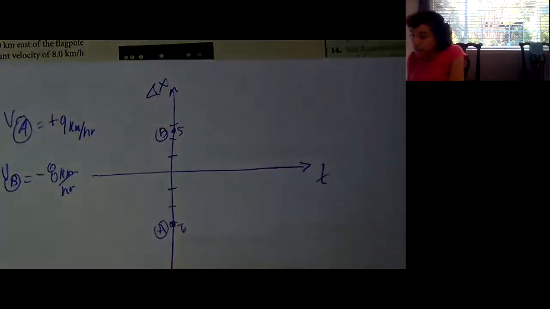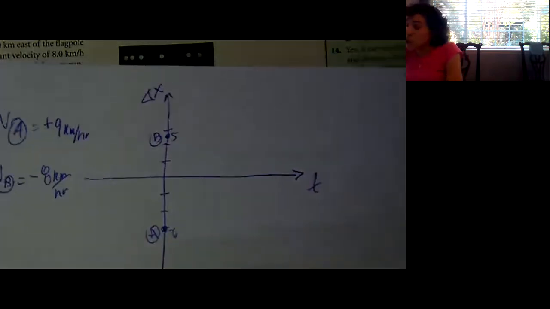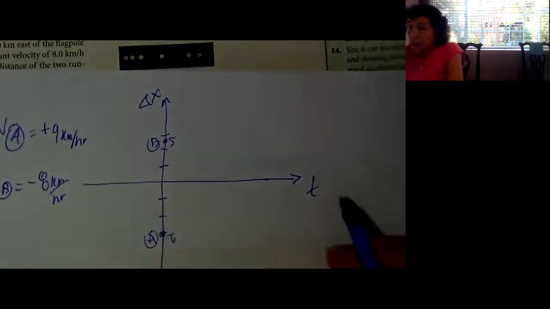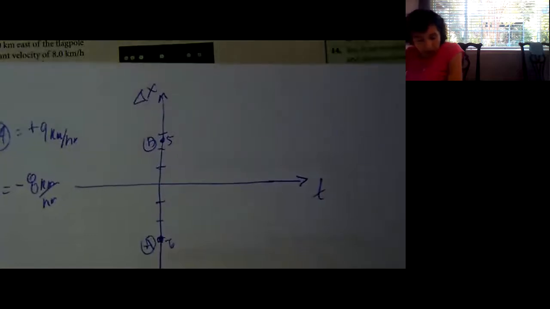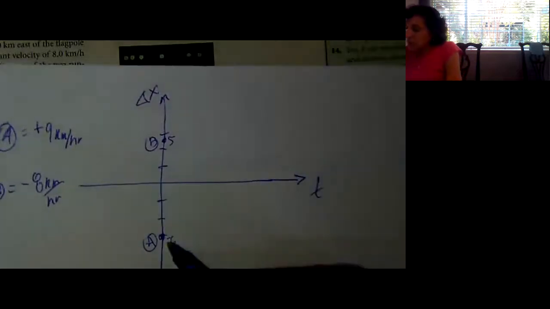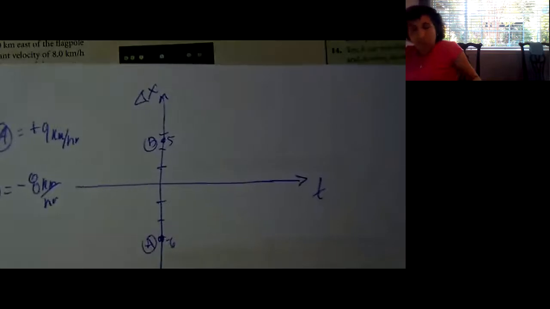All right, now, hopefully you remember that the slope of displacement over time is velocity. That's what the slope means. So if I know that they're going, this guy down here on the left, the one on the left side, let's go back to my beautiful picture here.